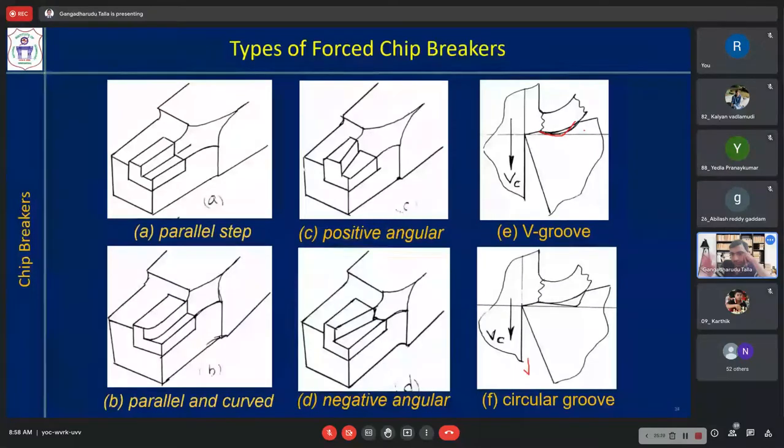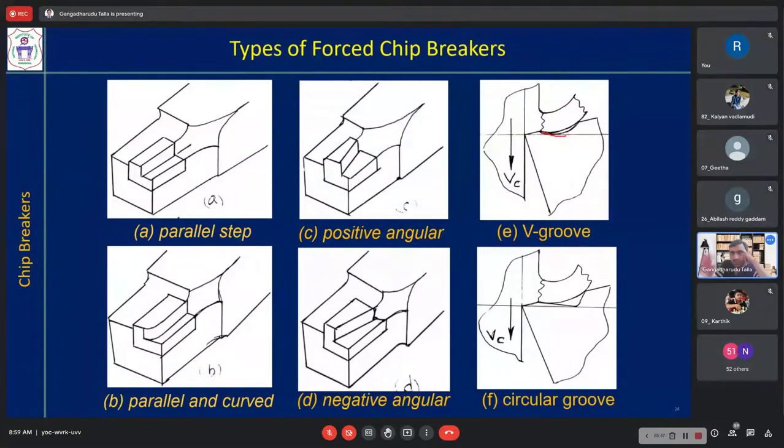This is V groove. This is circular. If you see the circular groove, the chip is coming here and going inside this and curling due to the curvature that you have provided.